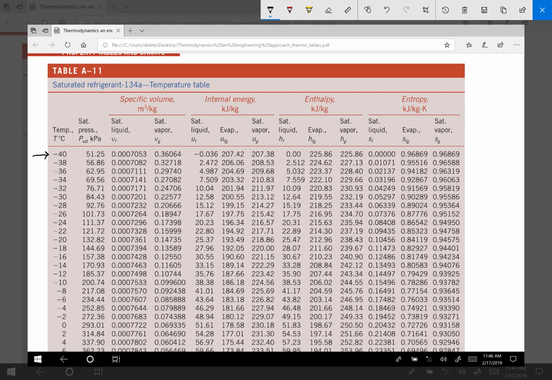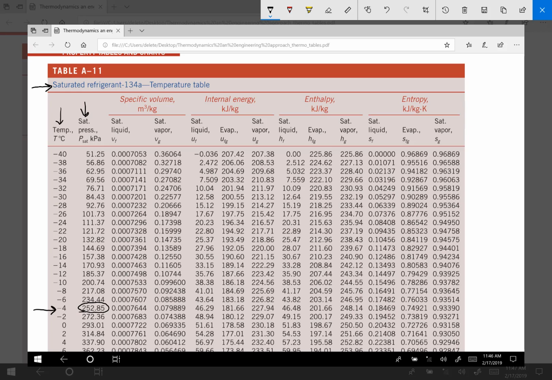I was given that the temperature is -4 degrees Celsius. So I'm going to look at this temperature column, go to where it says -4 degrees Celsius, and get the saturation pressure. So at -4 degrees Celsius, the saturation pressure is 252.85 kilopascals.